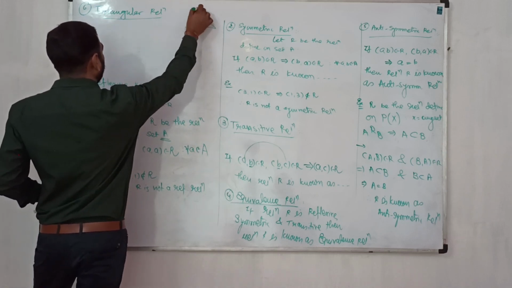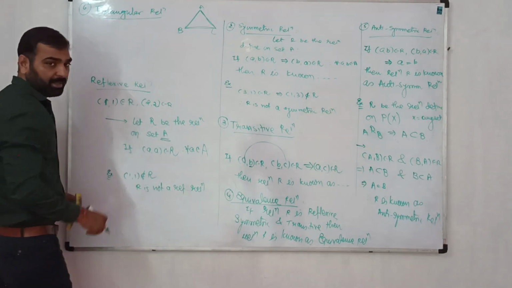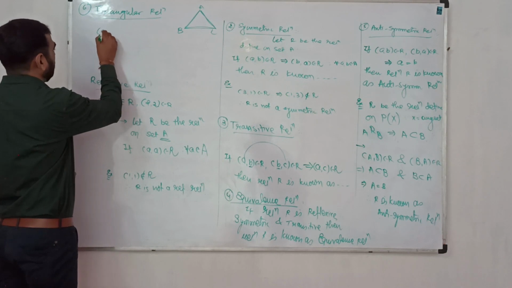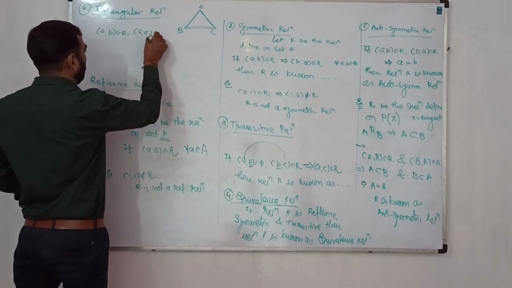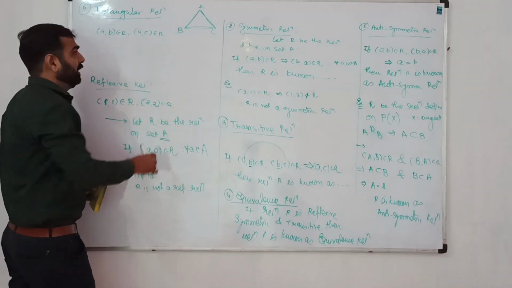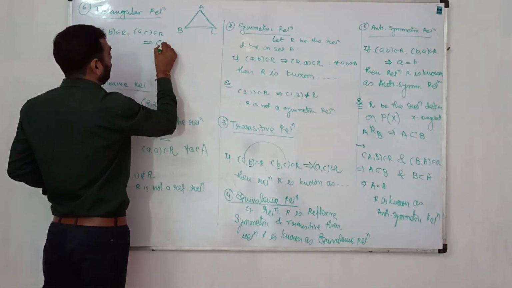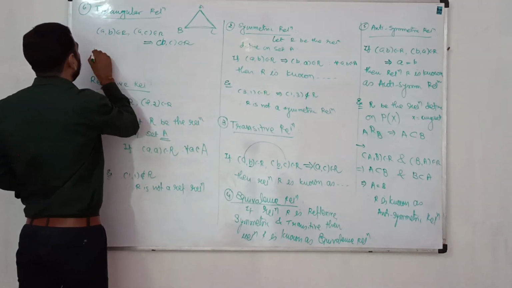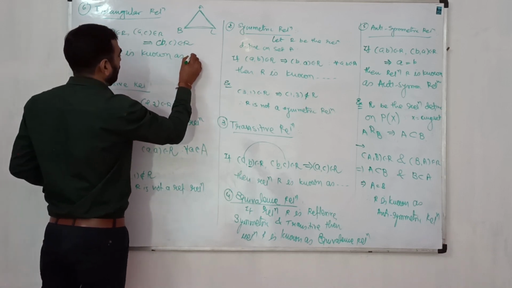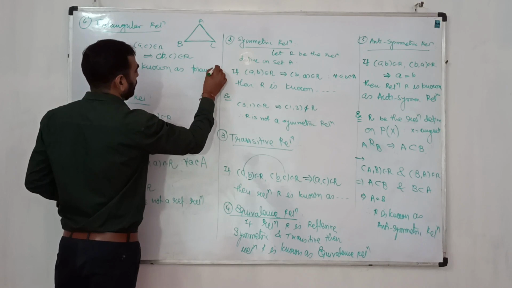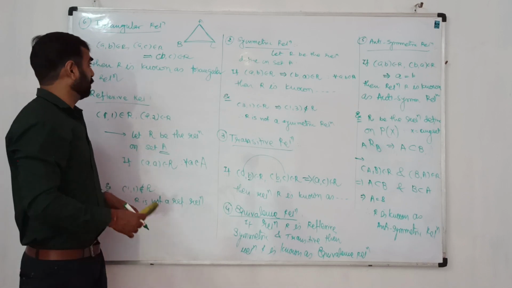Like in a triangle ABC, if A to B is there and A to C is there, then B to C will be there, so the triangle is complete. So we discuss: AB belongs to R, AC belongs to R, that implies BC belongs to R. Then R is known as the triangular relation.